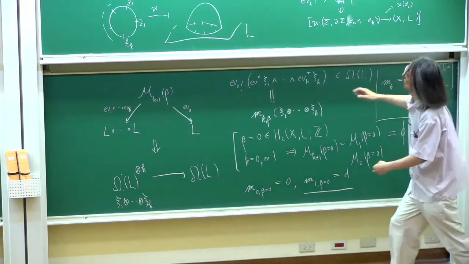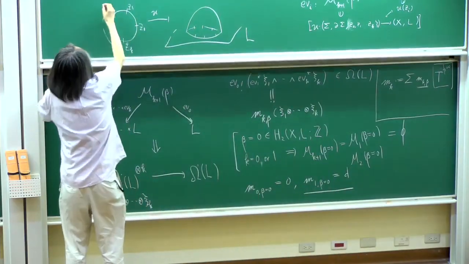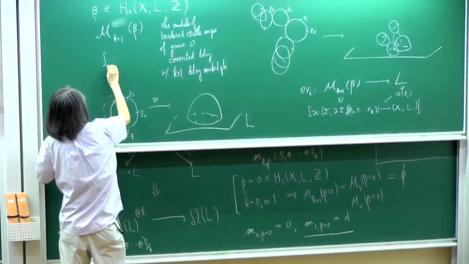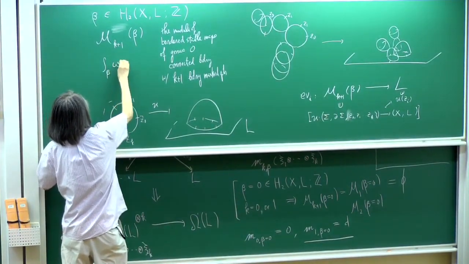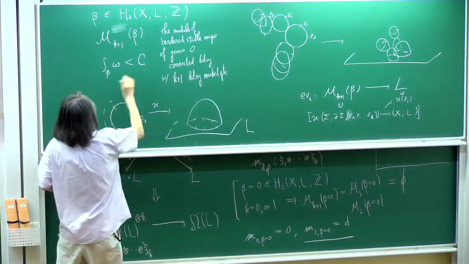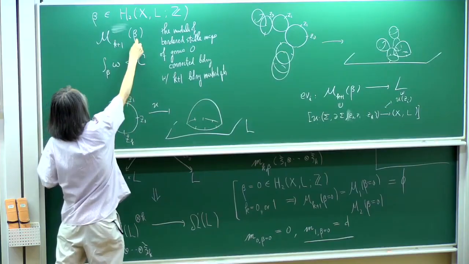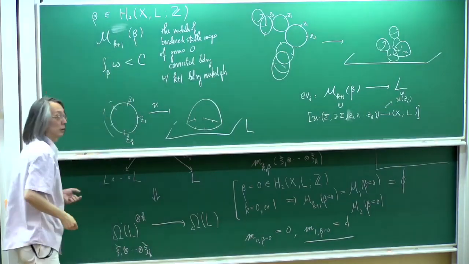So if you consider this moduli space so that this thing is bounded by some constant, then there are only finitely many classes beta so that this is non-empty.